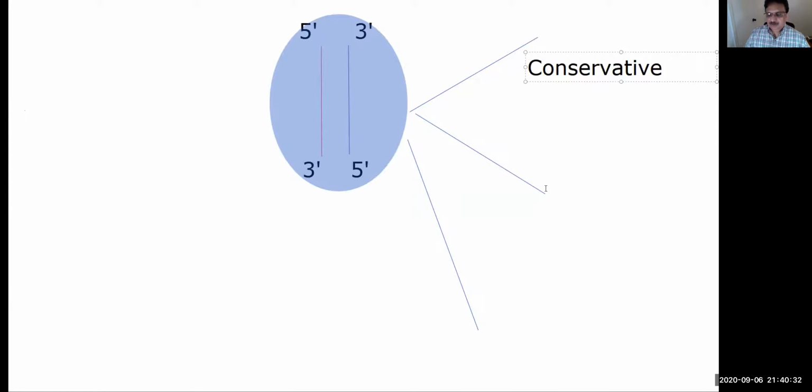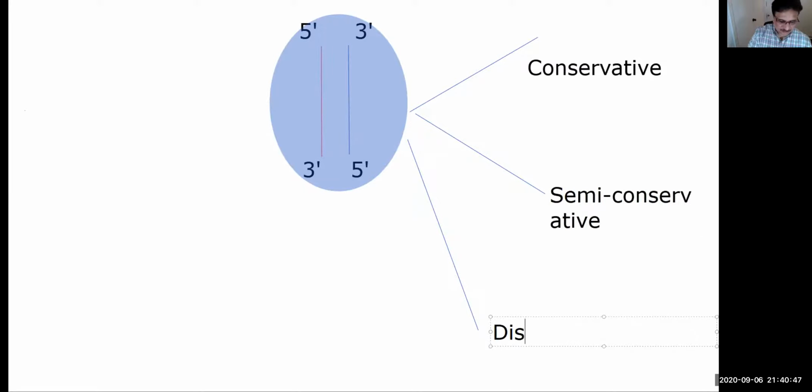The second option is that it could be replicating in a semi-conservative way. And the third is the dispersive model, something like a mix of conservative and non-conservative, with no structure, no organization. So these are the three possibilities in which DNA could replicate.